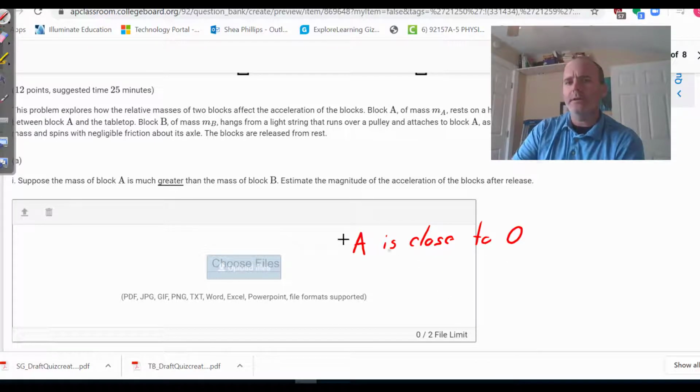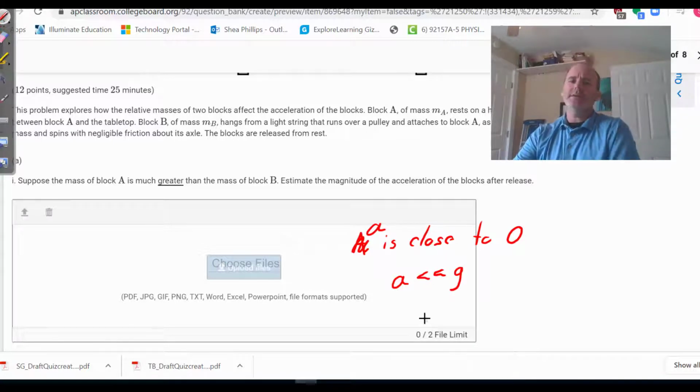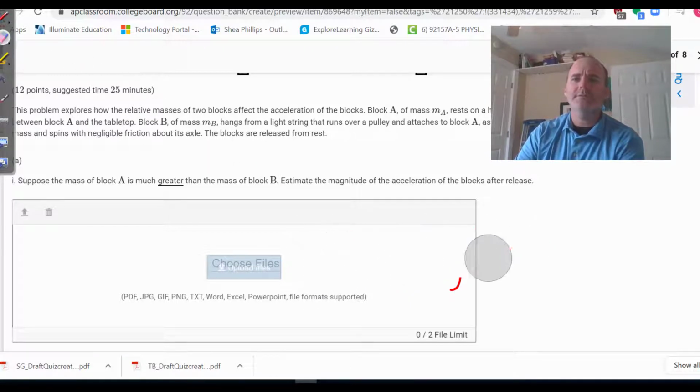And I really should have used a lowercase a here for acceleration. Or acceleration is much less than g. g would be what it is if it was just free fall. Okay, so if you have something along those lines, then you're good: the acceleration is going to be close to zero.